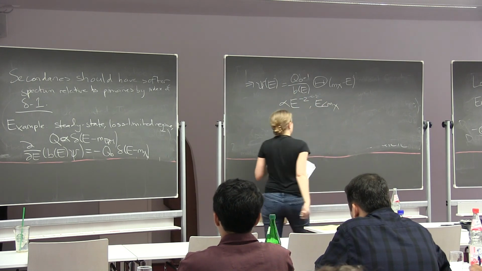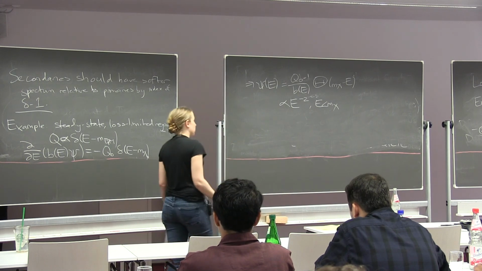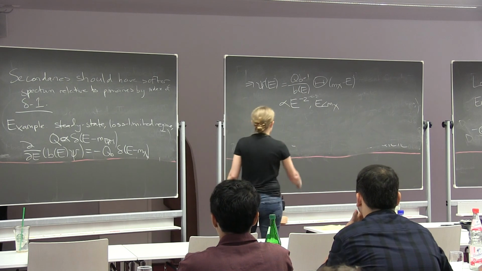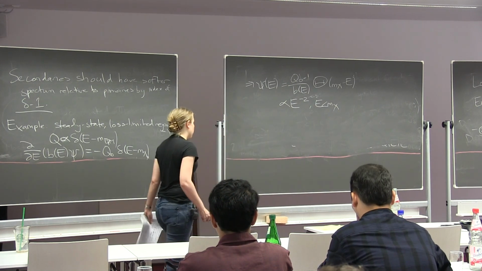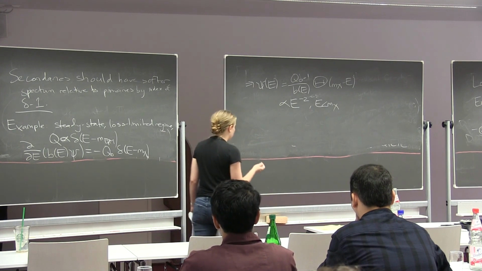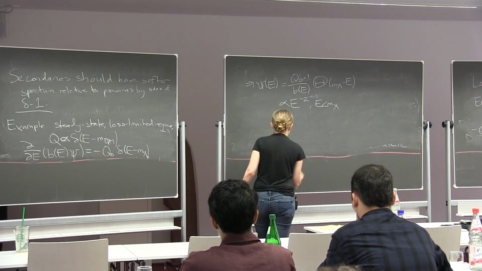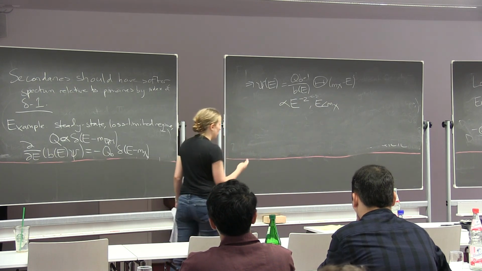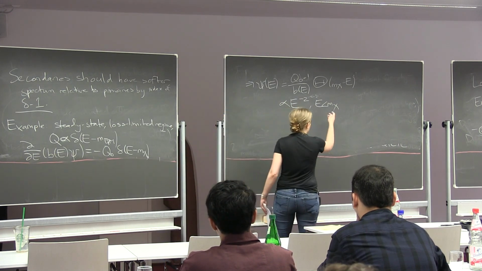So just as in the redshifting case, where the effect of redshifting was to take an initial delta function spectrum and spread it out to much lower energies, the same thing happens here. We get a spectrum that is falling like E to the minus 2. So from a delta function injection of electrons, about the sharpest spectrum that you could have, what we expect to see instead is a spectrum that is falling like E to the minus 2, before it cuts off at some mass scale.